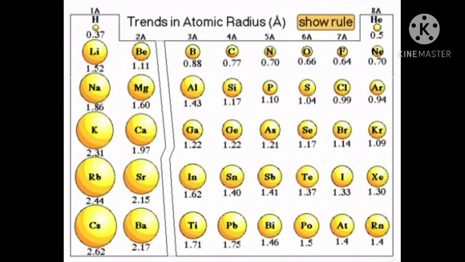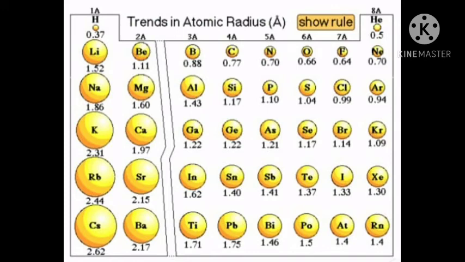From left to right, that is in a period, the atomic radius decreases. Lithium 1.52, beryllium 1.11, boron 0.88, carbon 0.77, nitrogen 0.70, then oxygen 0.66, then fluorine 0.64, and last group neon has the atomic radius 0.70.